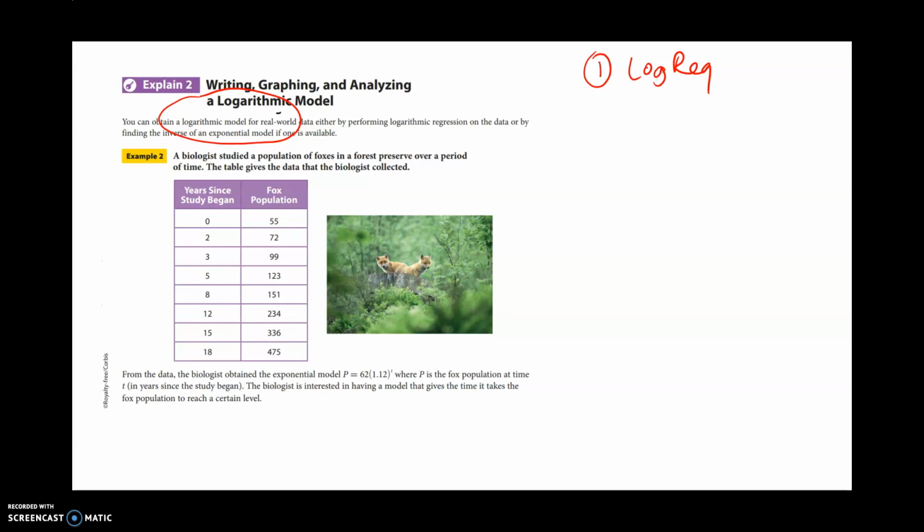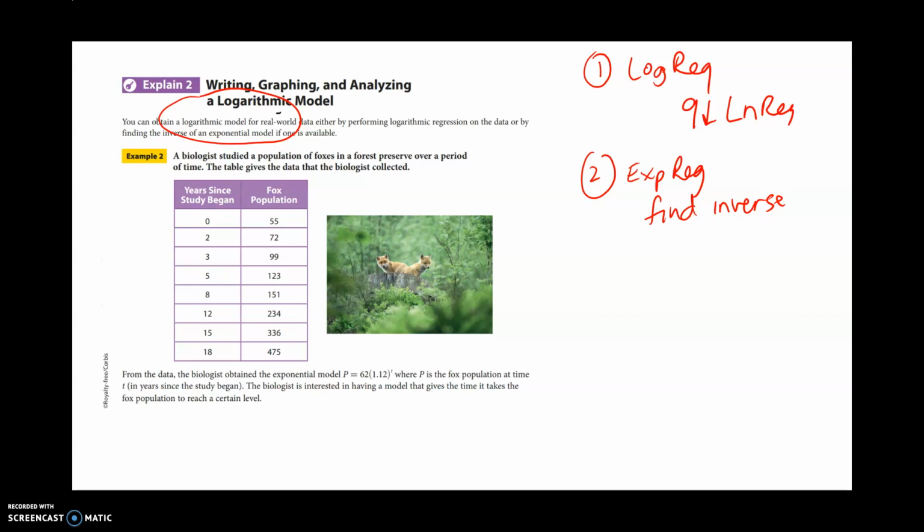We have number 9, looks like this, gives us a natural log regression, doesn't it? That's the one we will deal with here, a natural log regression. Or we could do an exponential regression and then find the inverse, right? Because exponentials and logs are inverses of each other.